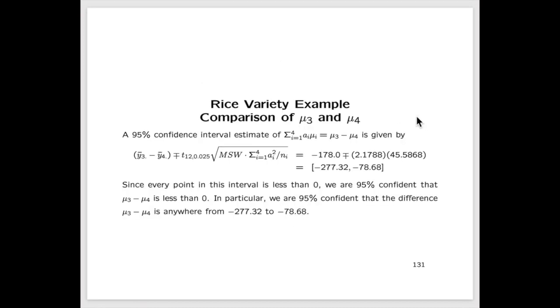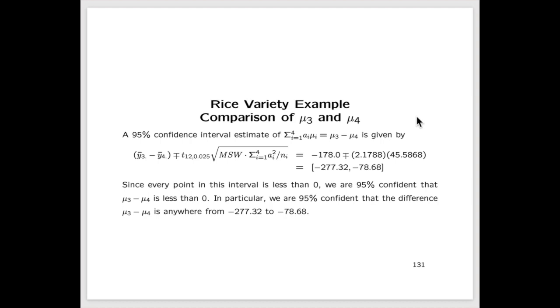The 95% confidence interval estimate for mu3 minus mu4 ranges from negative 277.32 up to negative 78.68. 0 is not in that interval, and in particular, every point in this interval is less than 0. And so we are 95% confident that mu3 minus mu4 is actually less than 0.